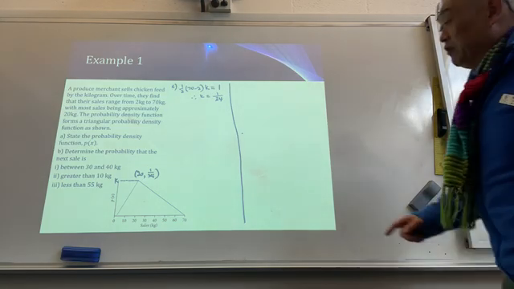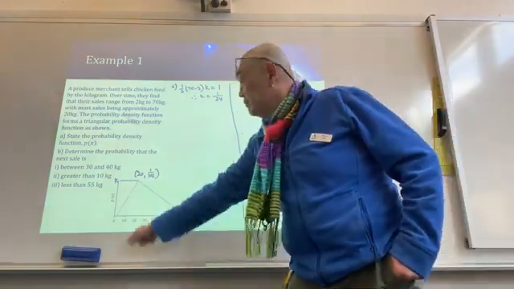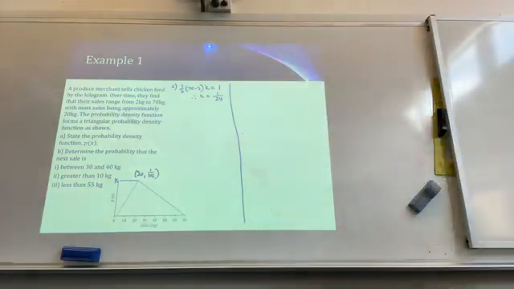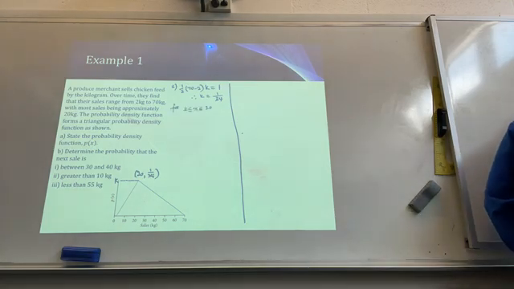You should be able to find the equation for this and the equation for that. Five guided examples today. So what I've done is I look at the two domains, 2 to 20 and then 20 to 70.